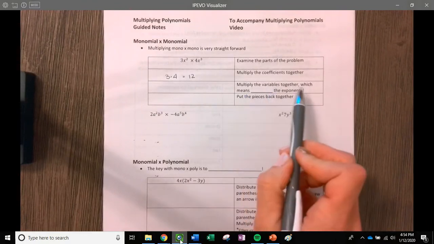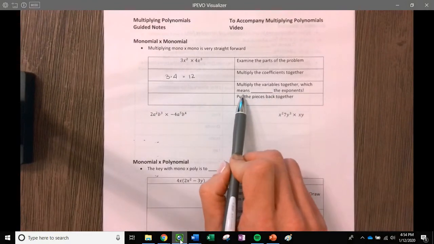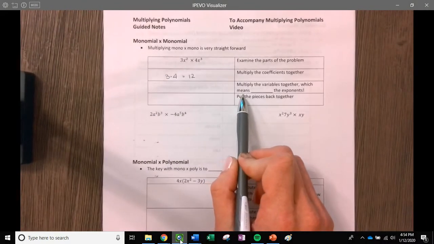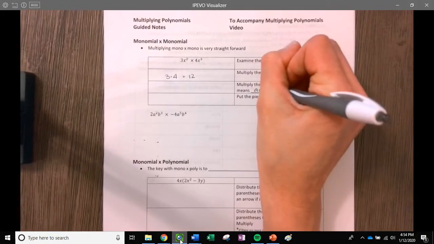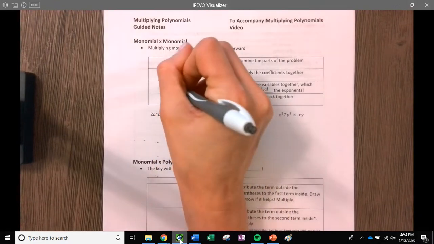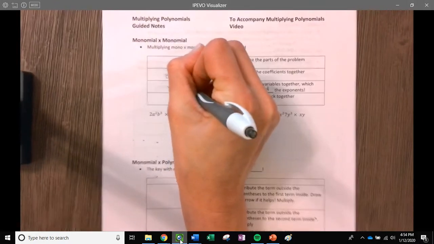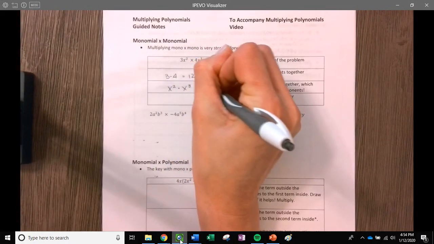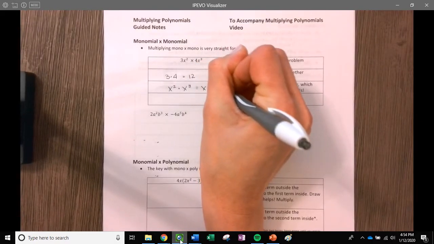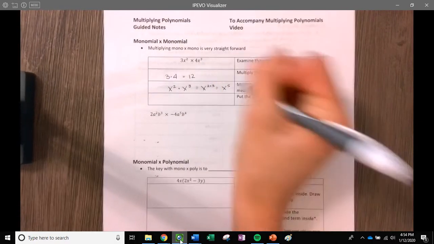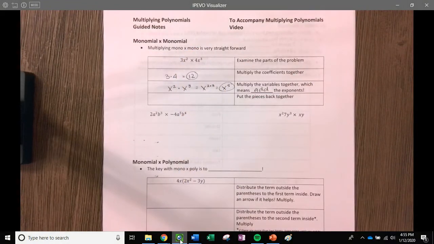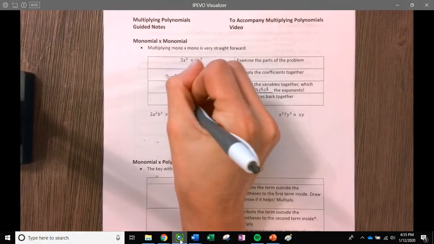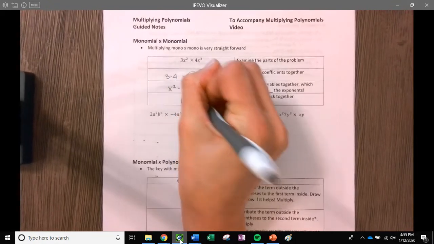Then we're going to multiply the variables together, and if we remember our last lesson, when we are multiplying like bases, we add the exponents. So x squared times x to the third is the same thing as saying x to the 2 plus 3, which gives me x to the fifth. So I've got 12 and x to the fifth, and now I need to put those pieces back together. My answer, 12x to the fifth.